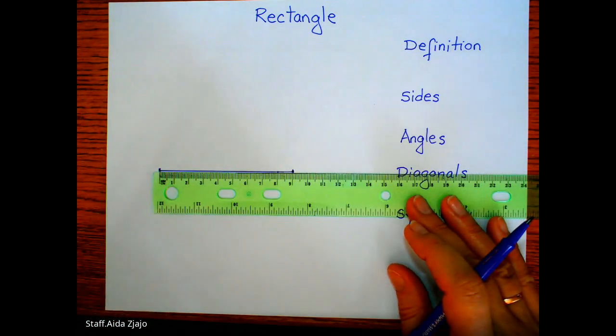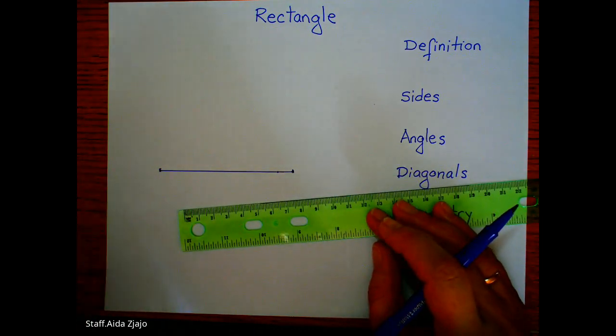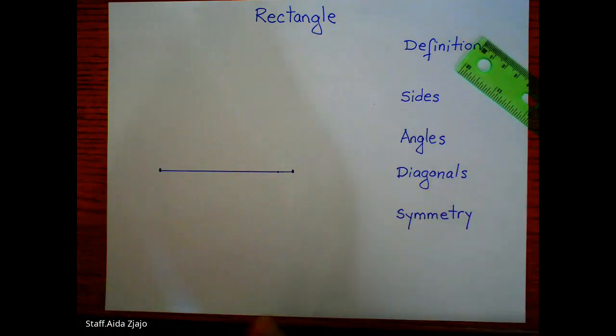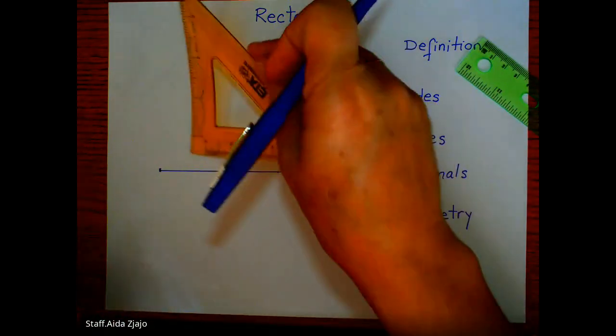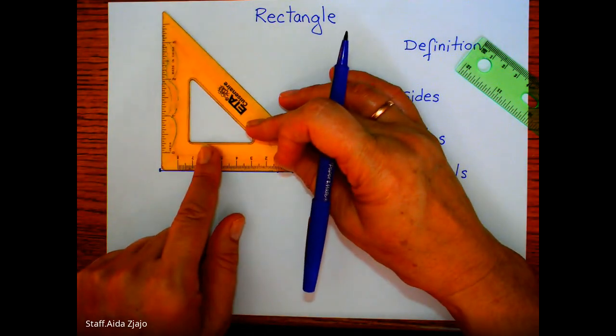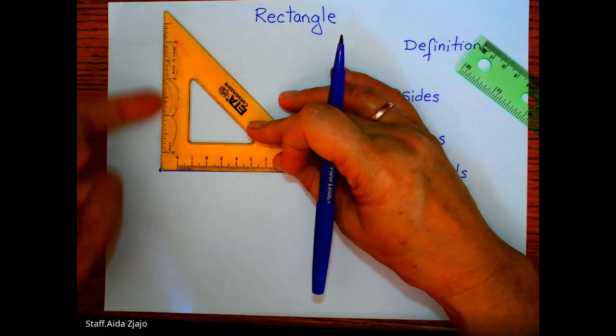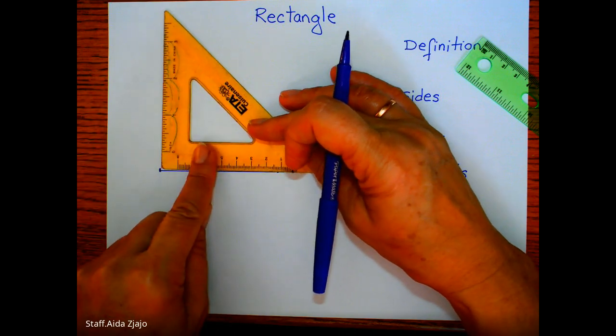And now, in order to make a rectangle, you need two long sides and two shorter sides, and we also need the right angles. To create the right angle, we can use one of the triangular rulers that helps us make a perpendicular line toward this line segment.